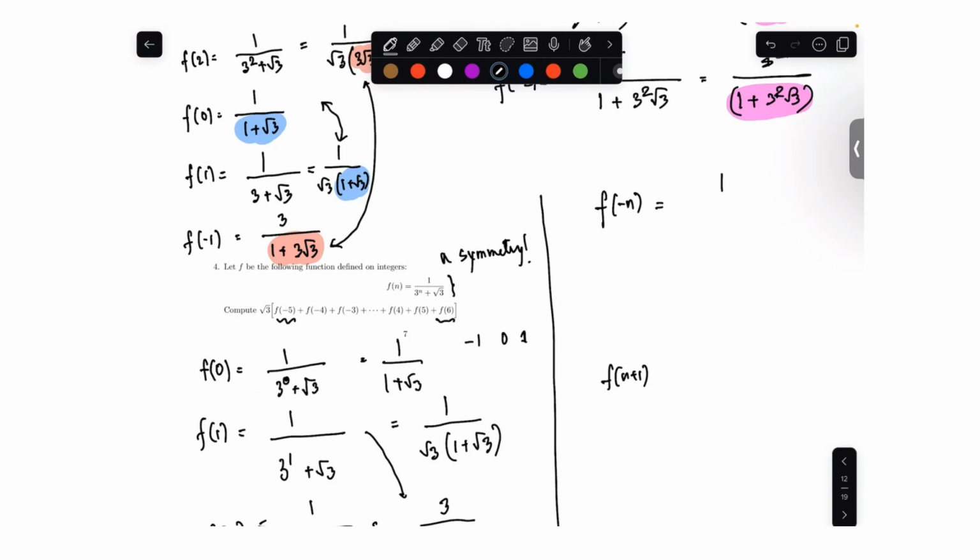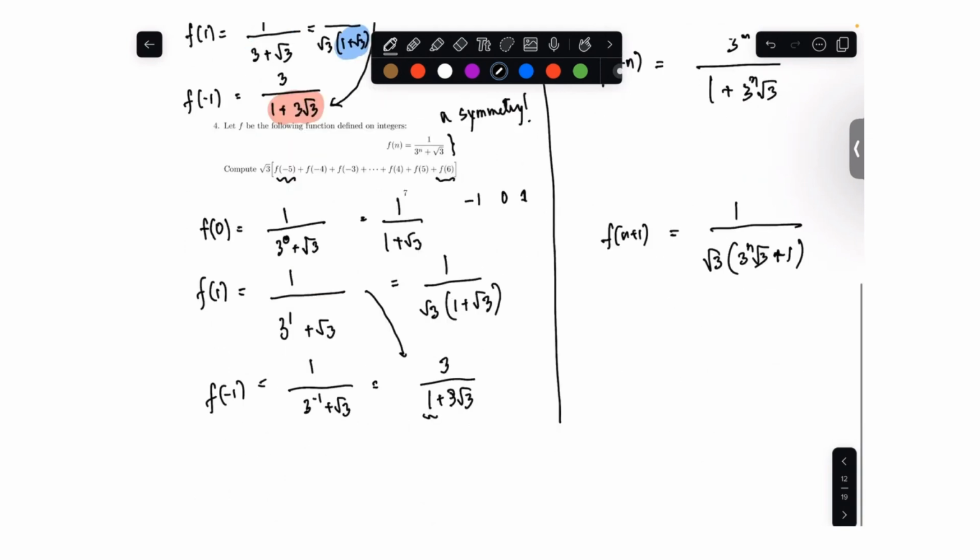So here, if you see, it's 3 to the power minus n, so it turns out to be 3 to the power n, 1 plus 3 to the power n root 3, and here it is 1 by, if you observe, root 3 times 3 to the power n root 3, because it's root 3, will make it 3 to the power n plus 1, and plus 1 times root 3, which gives this, right?